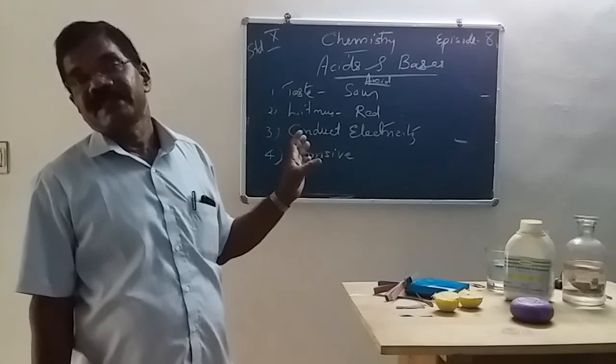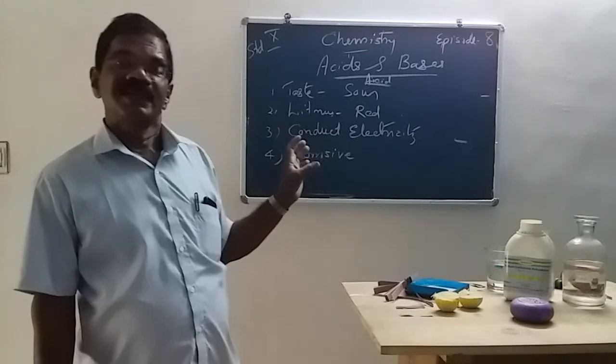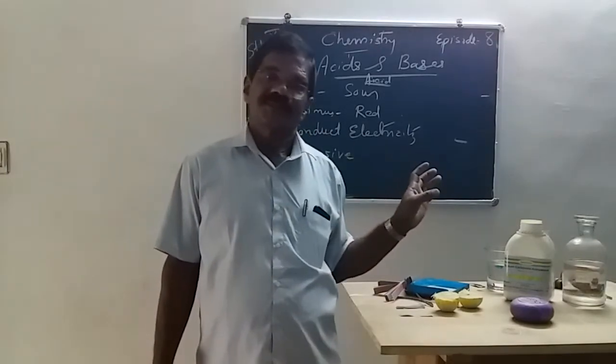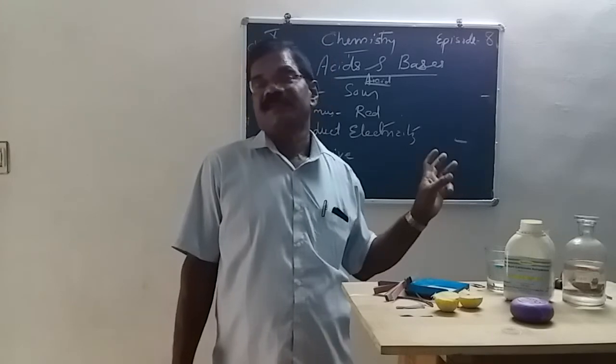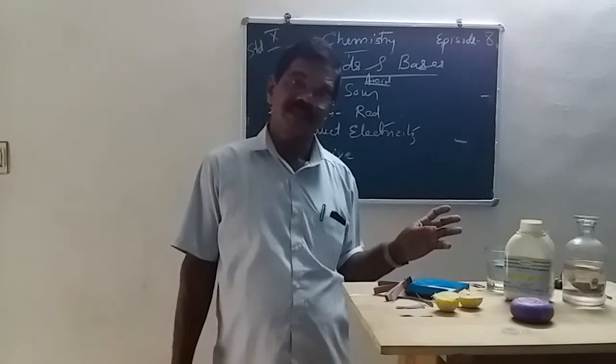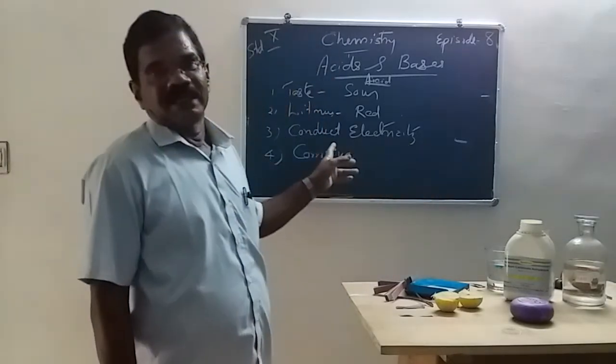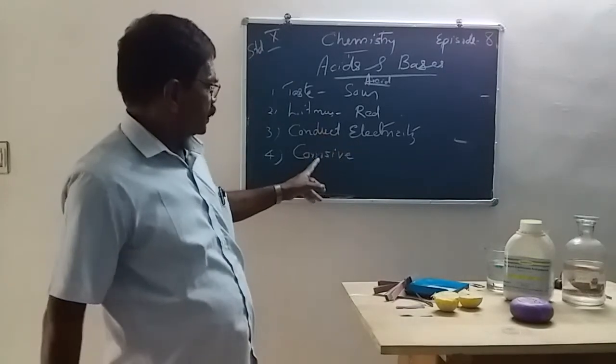Almost all the acids react with all the materials except plastic and glass. So acids and such chemicals are always kept in glass bottles and plastic. So, it is corrosive.